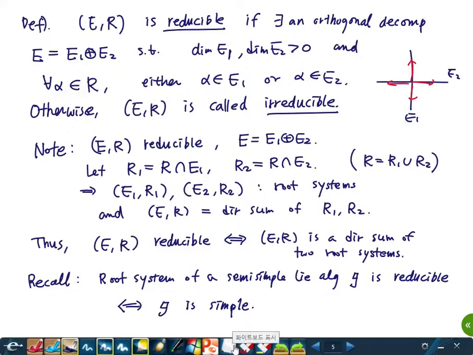And the next thing you can imagine, we have two root systems. Sometimes they have different names, but they are basically the same. So we want to say whether two root systems are the same or not, using isomorphism.